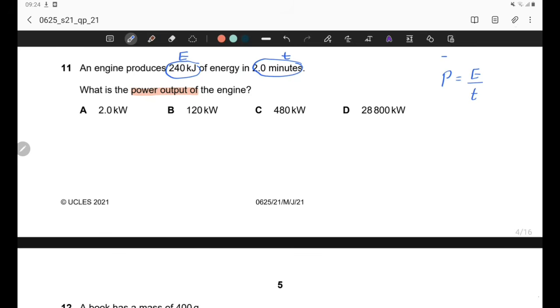From the chapter work, energy, power, we are provided with energy and time. So we can substitute these values. When you look at the options, we can see kilo is also given in the options. So we don't need to convert kilo in the energy.